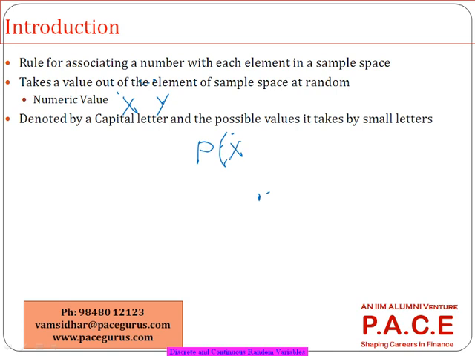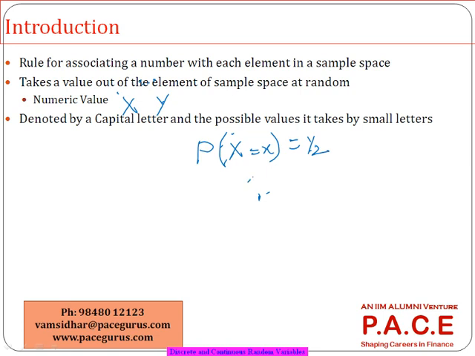So generally, if I write P(X = x), what does this mean? The probability that a random variable X takes a value equal to some x.